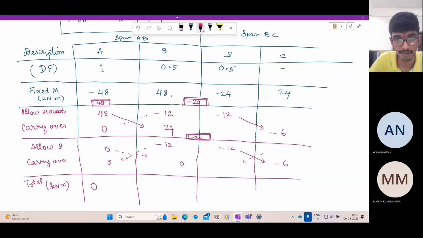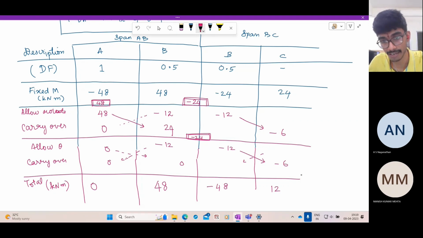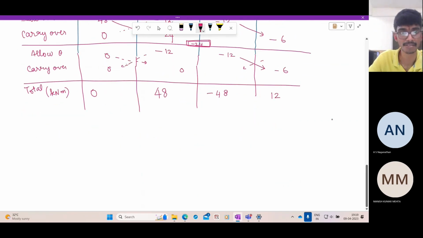We have 48 -12 plus 24, so these three get cancelled and we get just 48. Here, we have -24, -12, -12, which is -48. Note that MBA plus MBC is equal to 0, so equilibrium is satisfied. And the moment at the joint C is 24 -6 -6, which is 12 kilonewton meters.